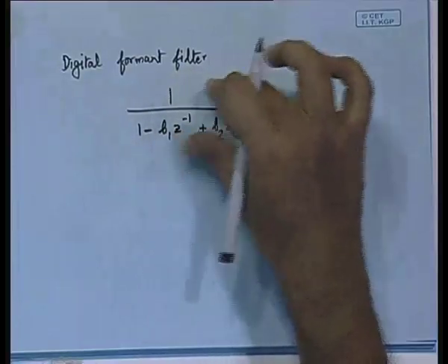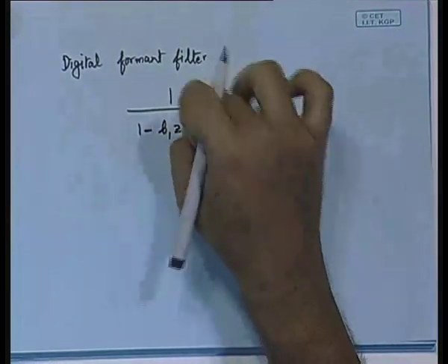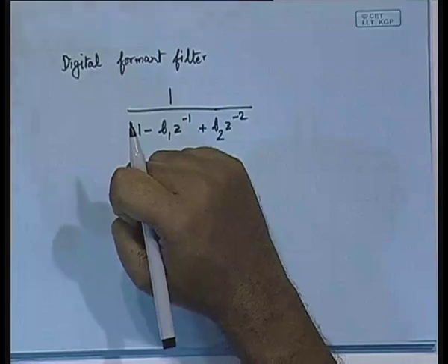Cascading means it will be just the multiplication of the two, and if you equate the coefficients you will find some coefficients associated with z to the power minus 1 and some associated with z to the power minus 2. For z to the power minus 2 it is going to be with a positive sign because it is a cascading of two such filters. So for every formant we are going to have a digital formant filter like this. Now what did we say?